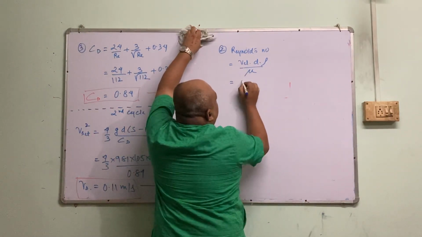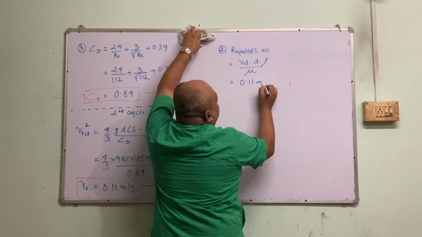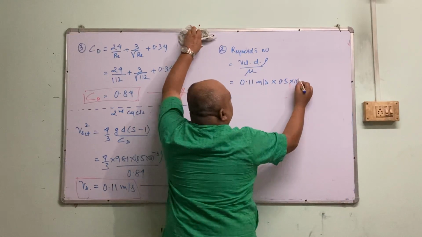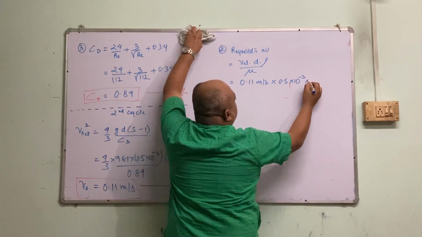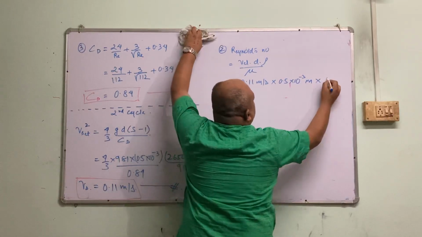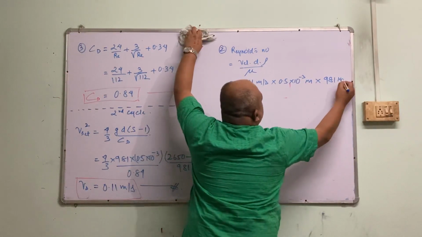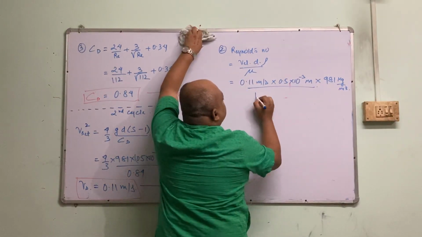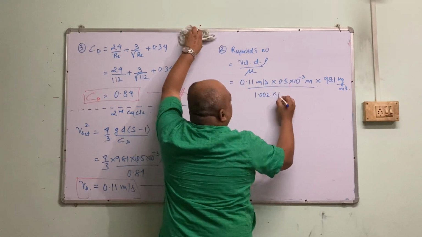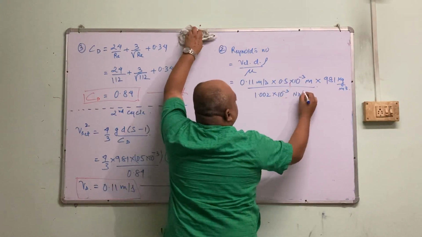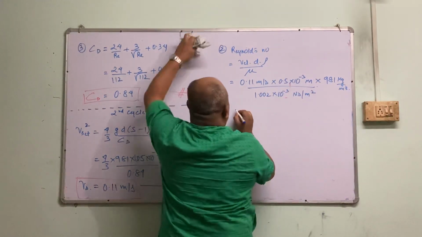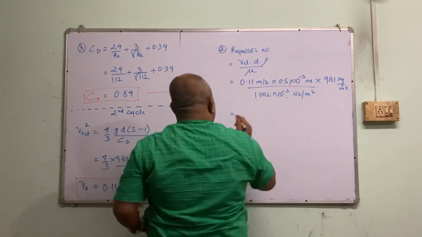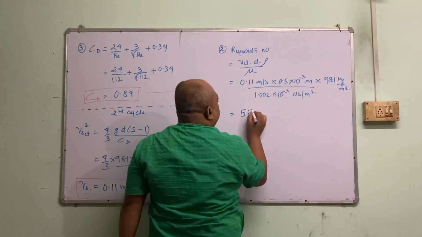It is equal to settling velocity 0.11, the new one, into diameter 0.5 into 10 to the power minus 3 meter, into density 981 kg per meter cube, and dynamic viscosity is 1.002 into 10 to the power minus 3 Newton second per meter square. So the second Reynolds number, you got it as 55.